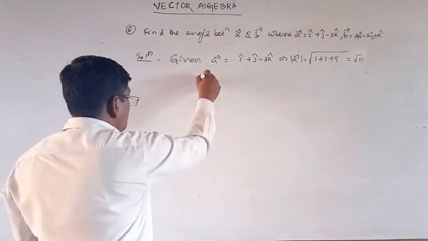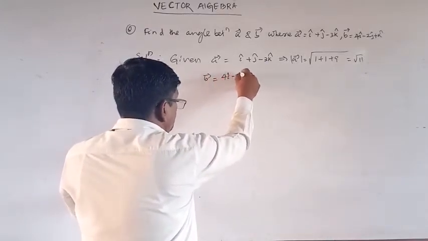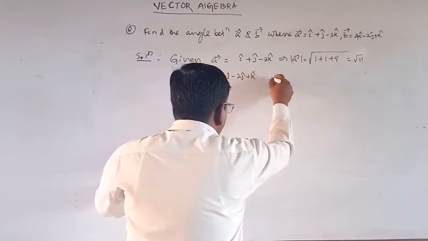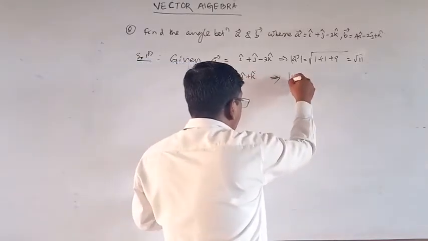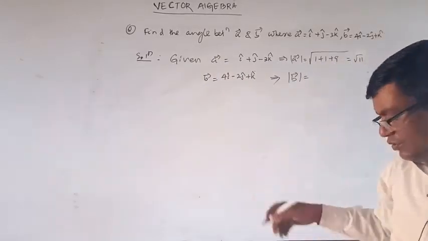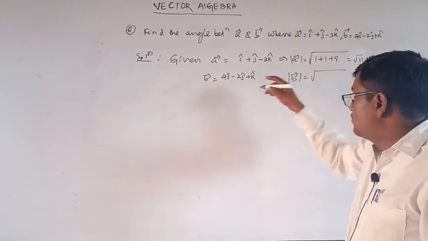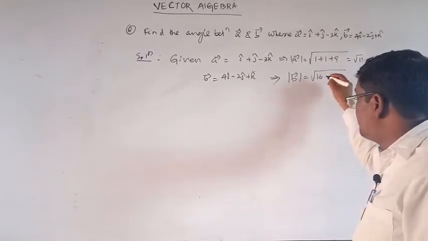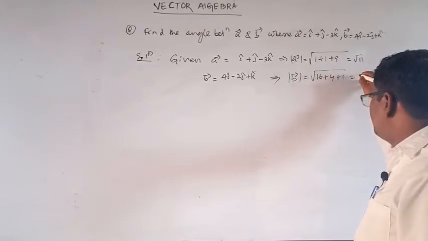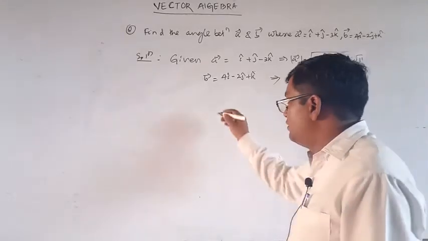Again B is equal to 4i minus 2j plus k cap, and magnitude of B is equal to root of 4 square 16 plus 2 square 4 plus 1, root over 21.